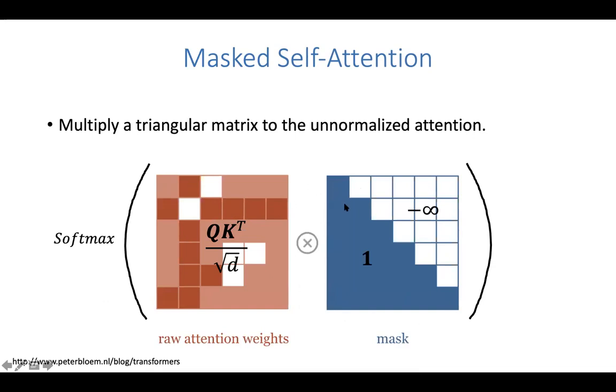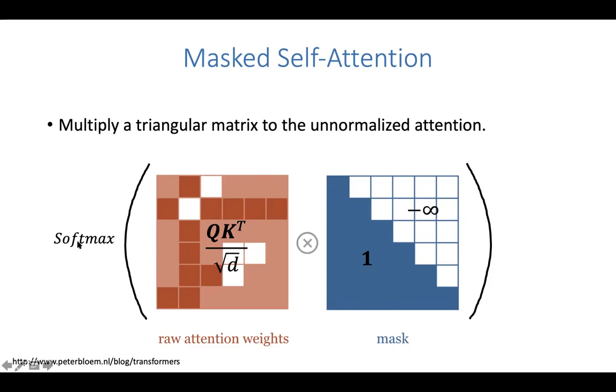The lower triangle of this matrix is filled with 1, and the upper triangle is filled with negative infinities. And when you multiply this with the QK transpose output, the upper triangle of this will be filled with negative infinity, right?